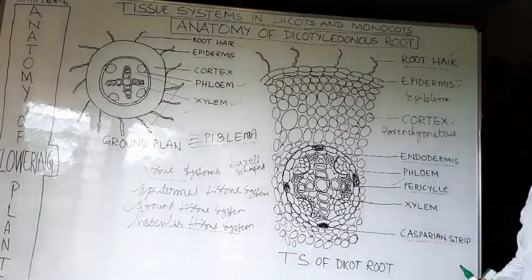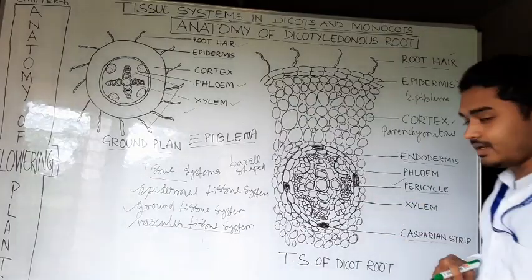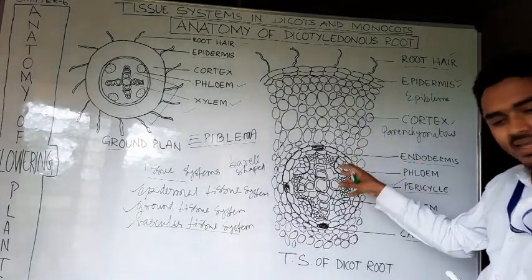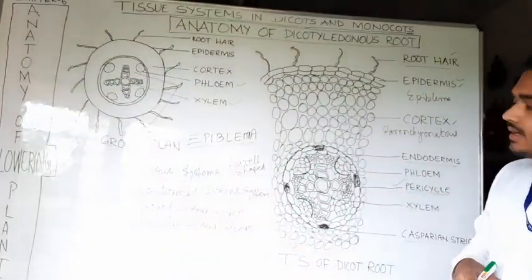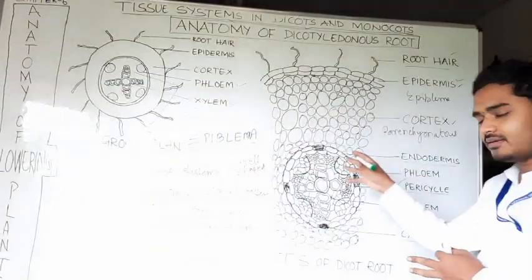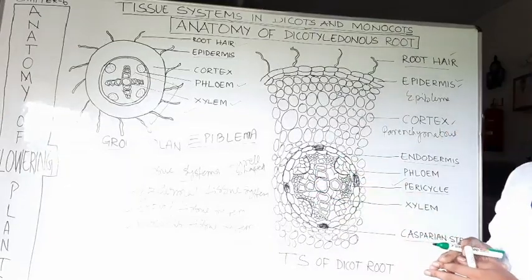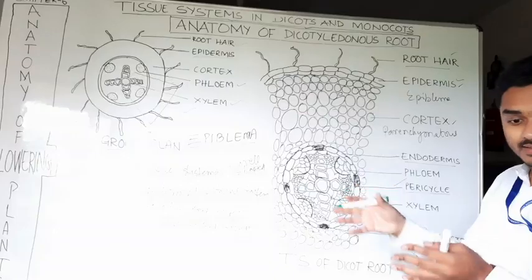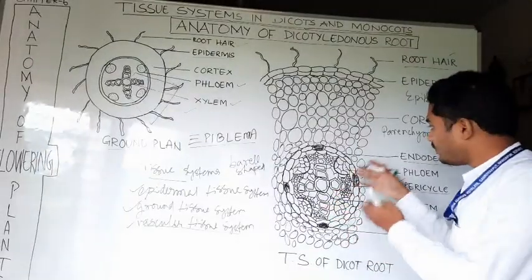The vascular bundle is made up of xylem and phloem, and usually the xylem and phloem are found in patches, generally 2 to 4 patches.